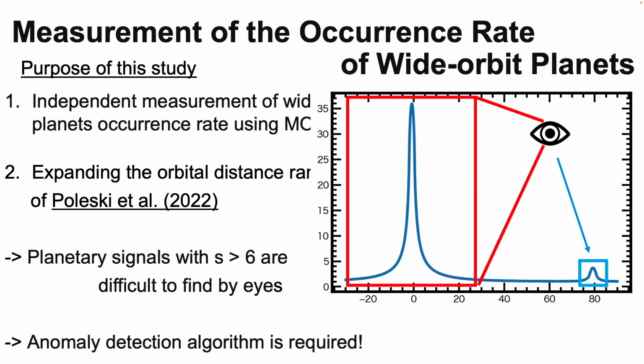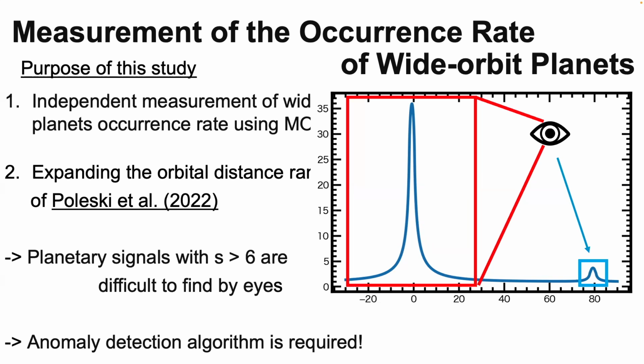However, for events with s larger than 6, it is very difficult to detect the planetary signal with traditional methods. This is because traditional anomaly detection systems rely on visual inspection around the host star's magnification.